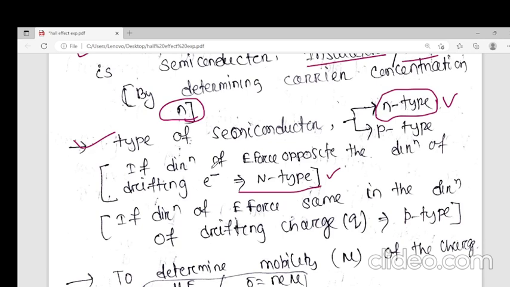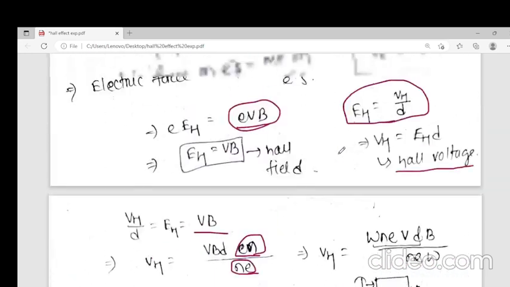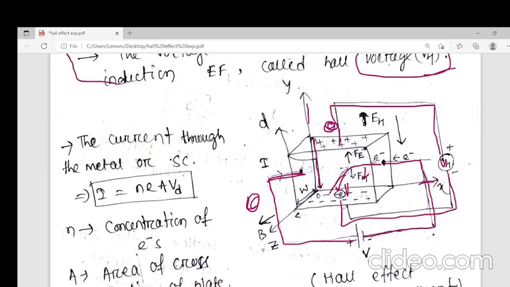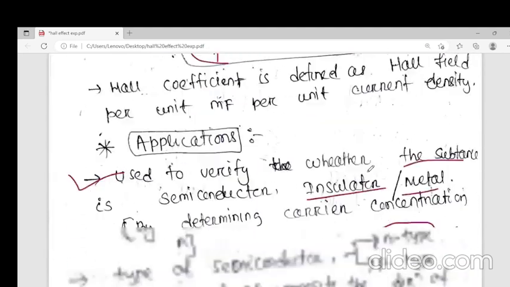And if the direction of electric force is the same as the direction of the drifting charge, then this is a P type semiconductor. As you can see in the figure, the electron is drifting downward and the electric force is upward. So this is N type, but this is a metal I am taking. If it were a semiconductor, you would say it is an N type semiconductor. Similarly, if the electric force is in the same direction as the drifting charge, then that will be P type.